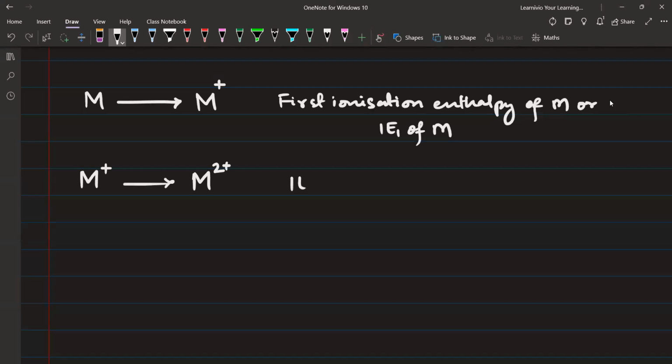This is the second ionization enthalpy of M, or the first ionization enthalpy of M positive. Both of these are the same thing.